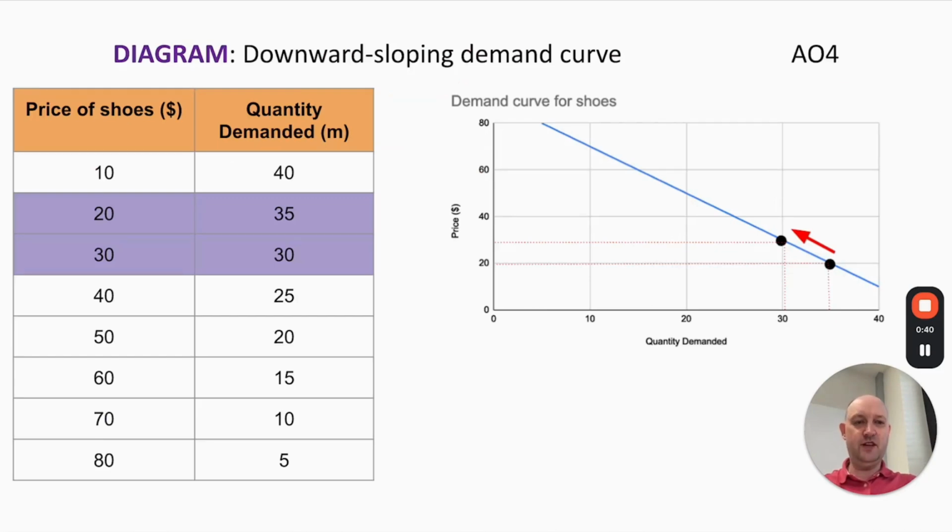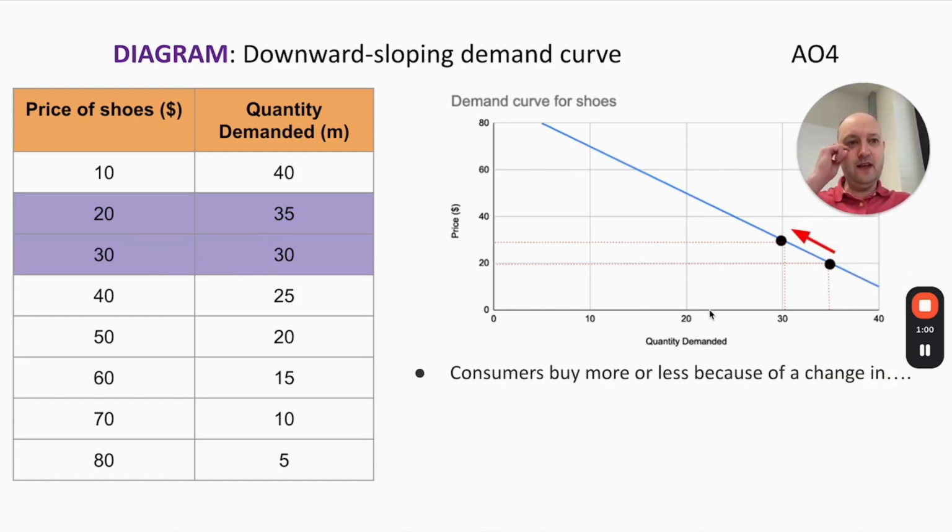So in the first video, just to quickly refresh, we had a downward sloping demand curve. And that was because we had an inverse relationship between price and quantity demanded. What that meant is as the price goes up, consumers are less willing to buy it, and therefore the quantity demanded will go down.